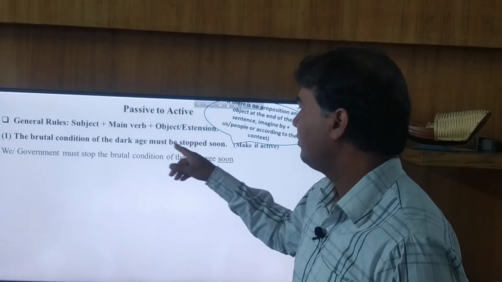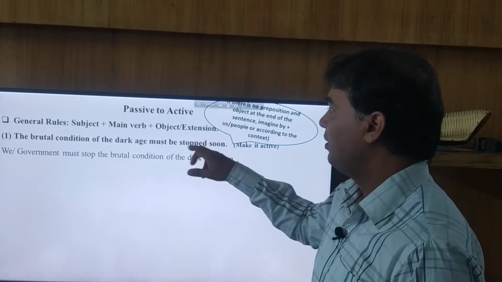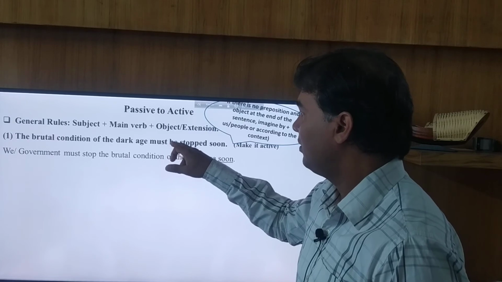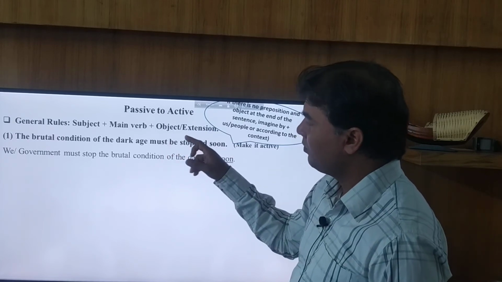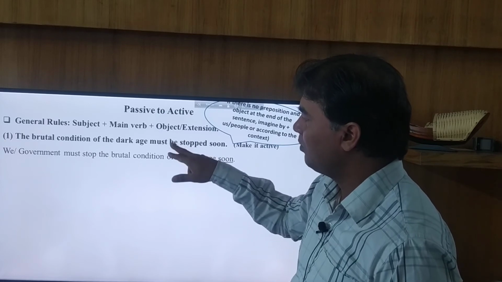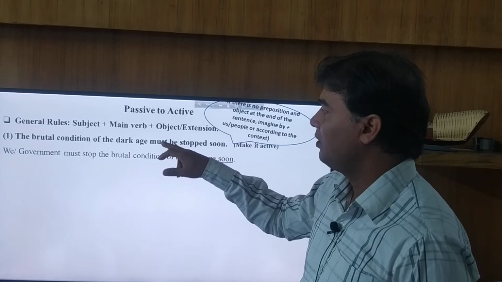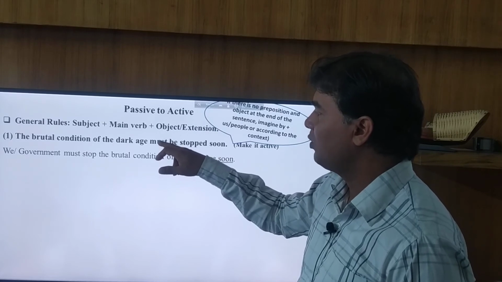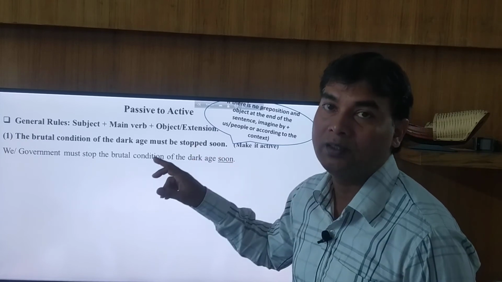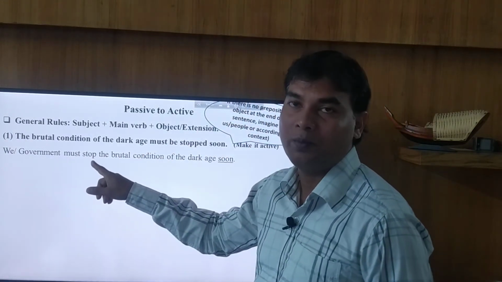Here must be stopped, these are verbs, and must is an auxiliary verb, and since the sentence is in passive form, we added an extra be. Now you need to remove be, so we find must, and since must is a modal auxiliary, we need to write the next verb, stopped, in present form. So we write, the government must stop.